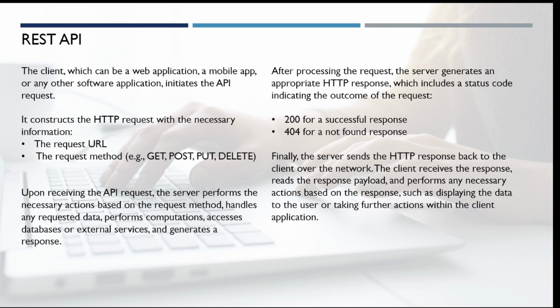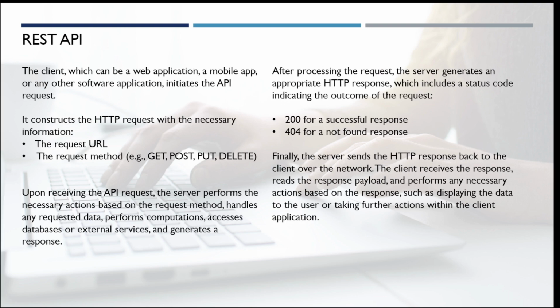And when the server receives this request, it will analyze that request and reply with a 200 for a successful response, or 404 saying that it couldn't find that information.